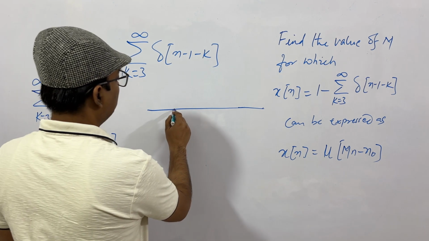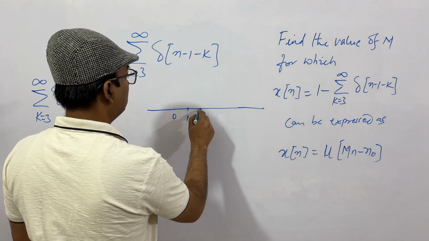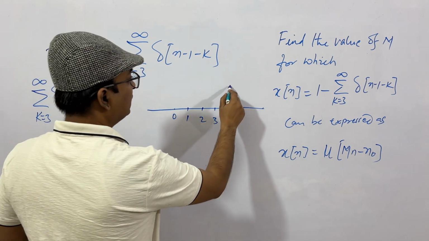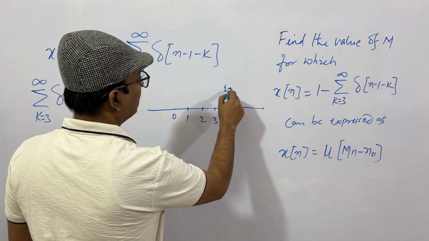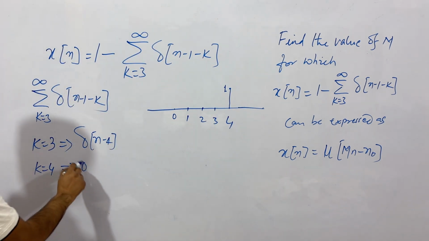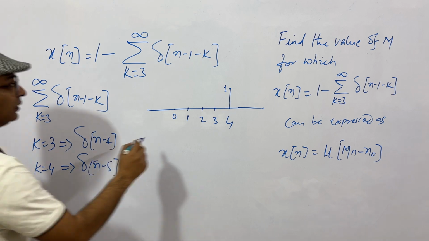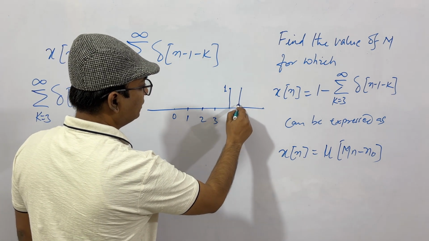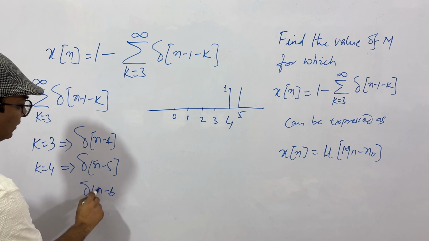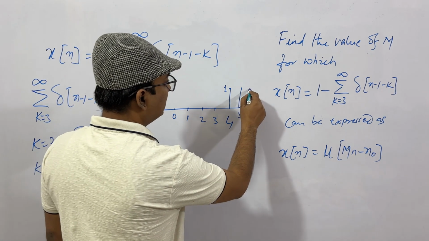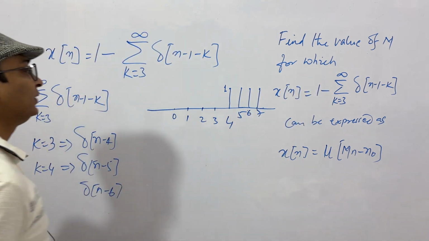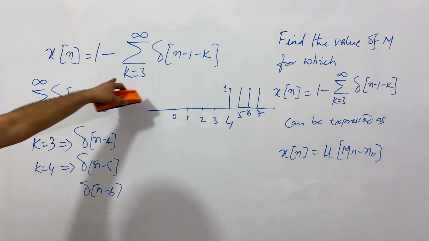Okay, so if this is 0, 1, 2, 3, 4, this means this signal is 1 here. Next, k equal to 4. This will be n minus 5, that is here. Similarly, we will have n minus 6, n minus 7 and so on. So this is like this and so on, 5, 6, 7 up to infinity. This is the meaning of this part of the signal.